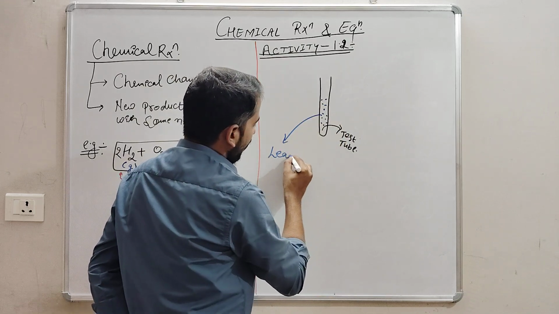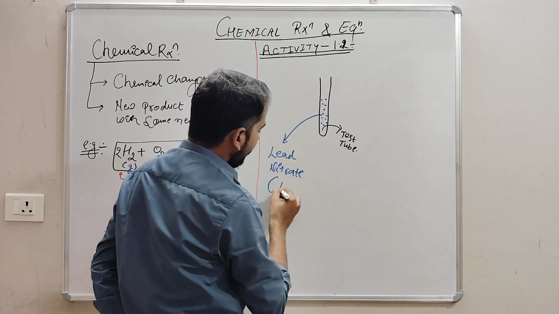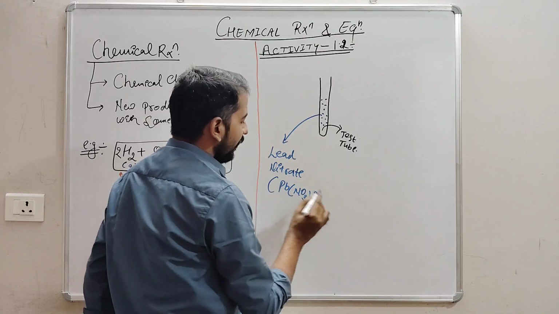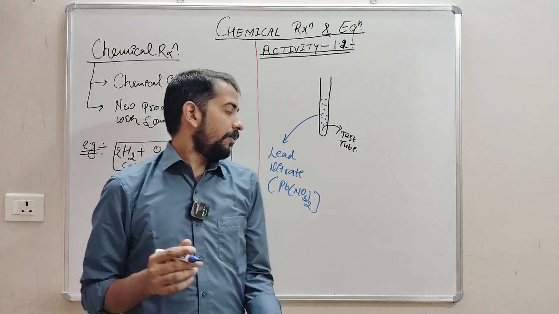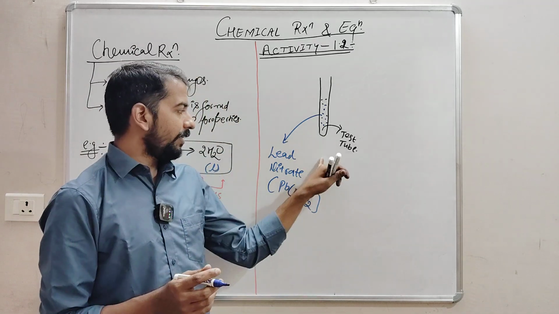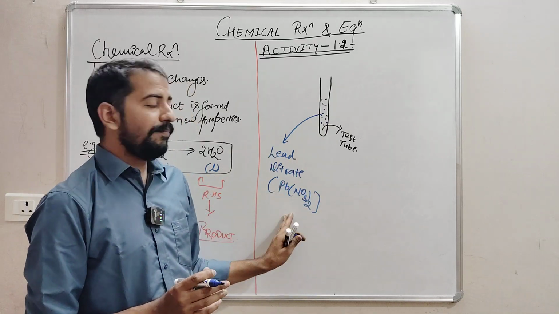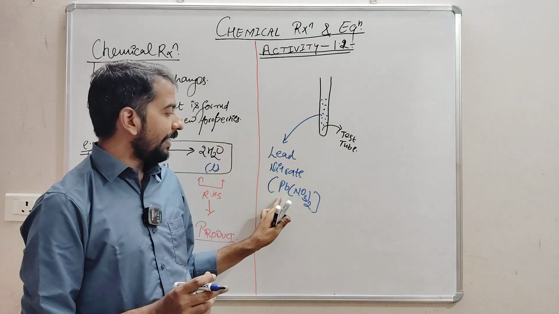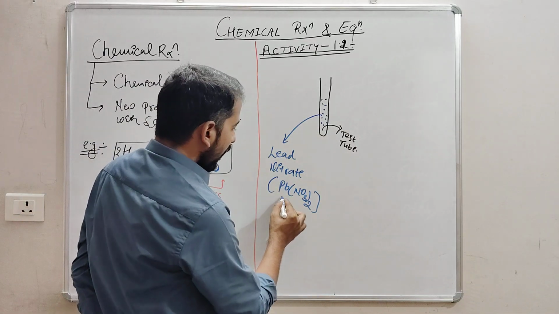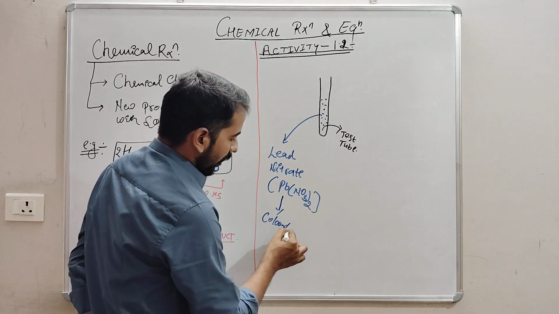The lead nitrate formula is Pb(NO3)2. All this I will tell you later, how to write this formula, and it will come by practicing, and I will tell some tricks also for how to form this formula. But for the time being you should know that the formula of lead nitrate is Pb(NO3)2. Now this is a colorless solution.